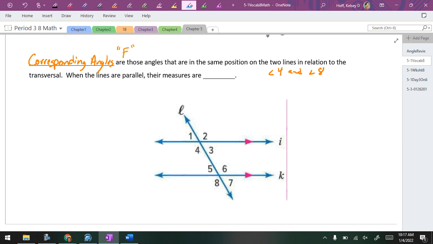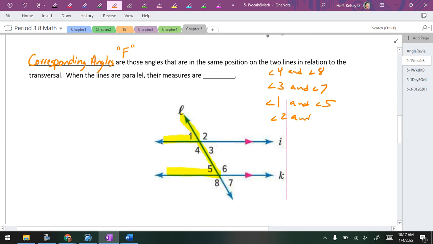Jacob, what were you going to say? 7 and 3. Do you guys agree or disagree with that? I would agree. Down below the line and to the right of your transversal. Okay, 3 and 7. Say it again. 1 and 5. So above the line to the left of the transversal. 1 and 5.